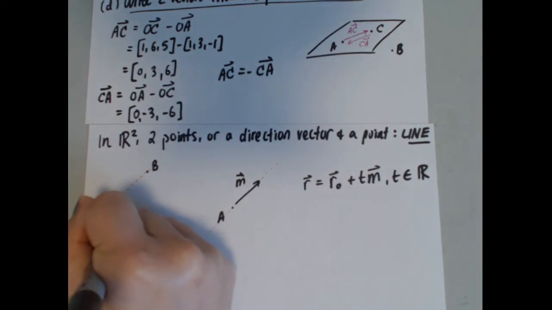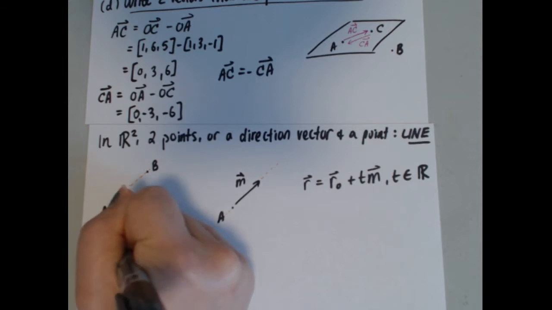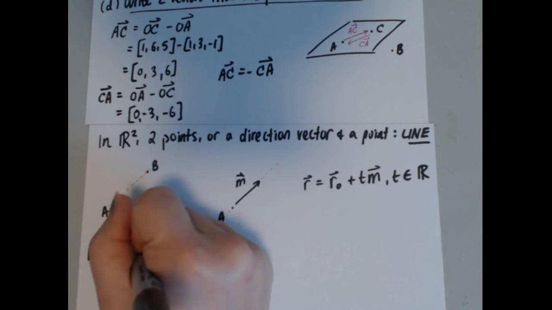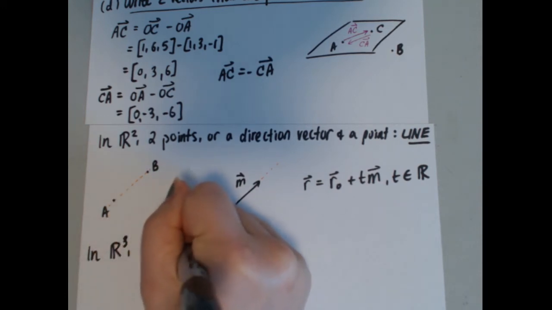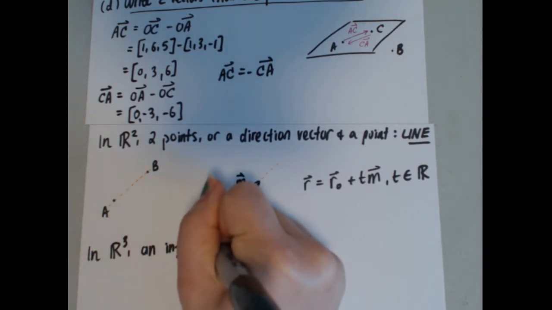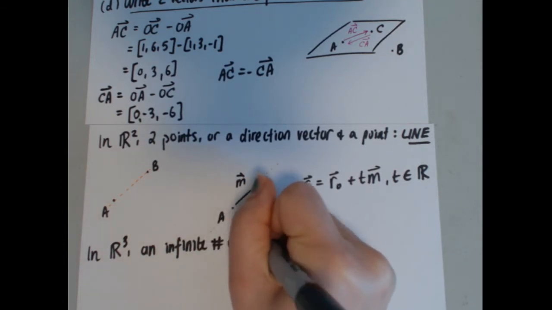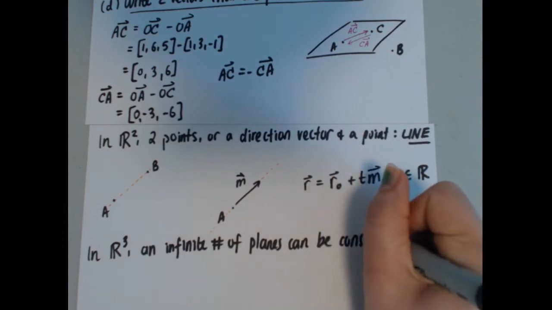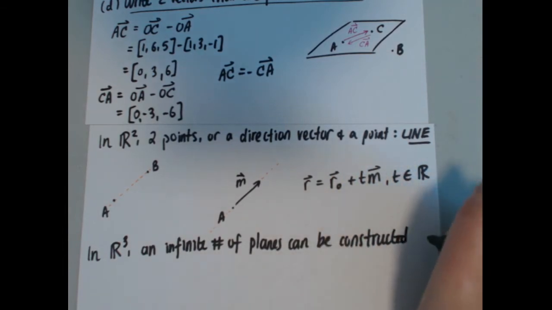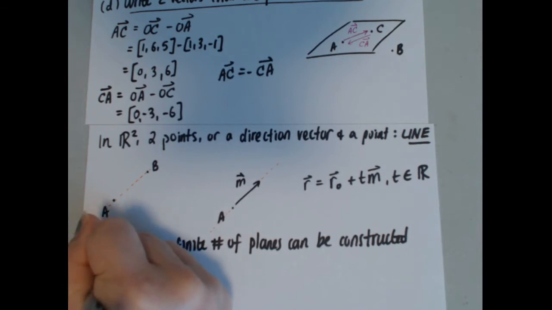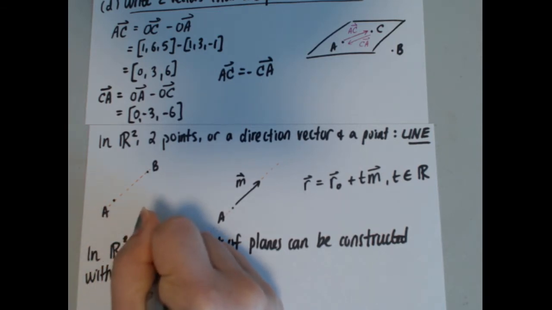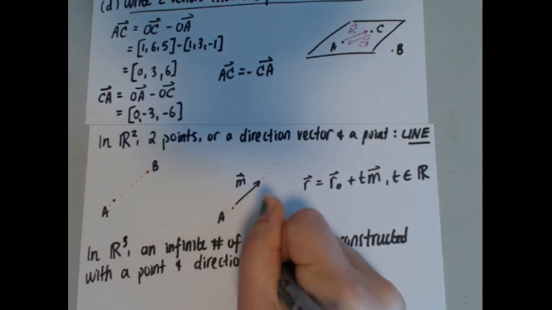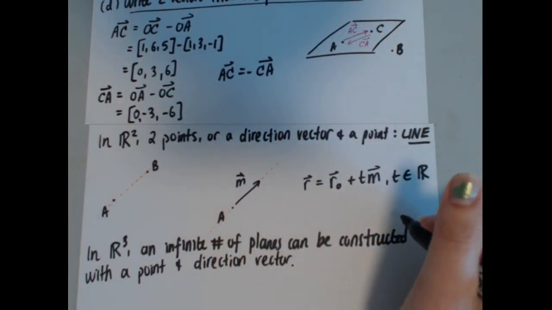Now, if you're working in R3, so third dimension, you can have an infinite number of planes be constructed if you just have a point and a direction vector. So just think about that for a moment.